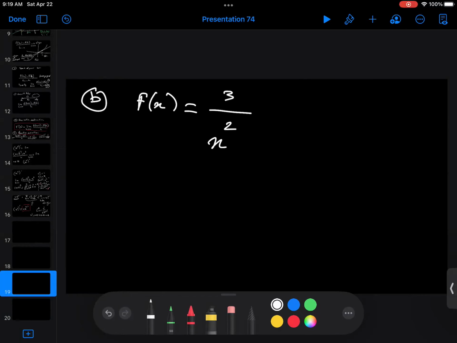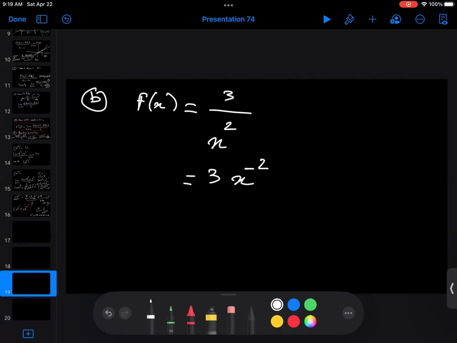Okay, so to compute this derivative, the formula that we saw previously applies. I can write that f of x is also equal to 3x to the power minus 2. Okay, this is the same thing.